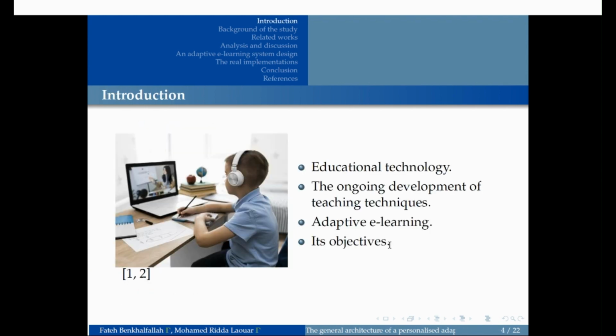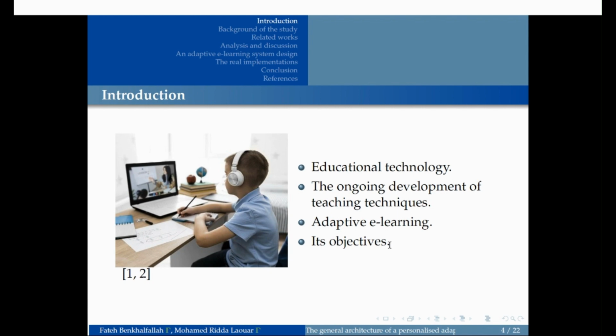Introduction. Educational technology encompasses the entire teaching and learning process and provides technical advice and solutions to educational challenges. It is characterized by continuous development, with adaptive e-learning becoming a key advance in this field.